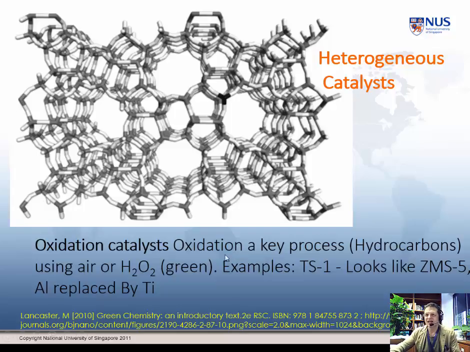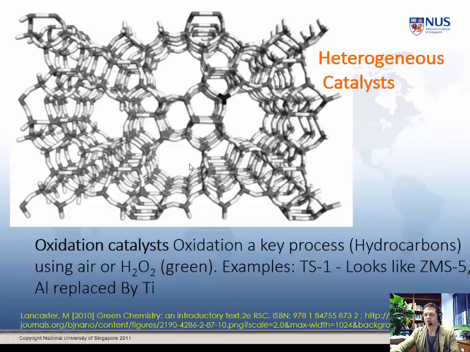And here is an example of a catalyst which you might think at first glance, oh look, there's another zeolite. But no, it's a catalyst called TS1, and it's actually a metal catalyst. Effectively you take the ZSM5 structure and replace all the aluminium by titanium, and you end up with this.